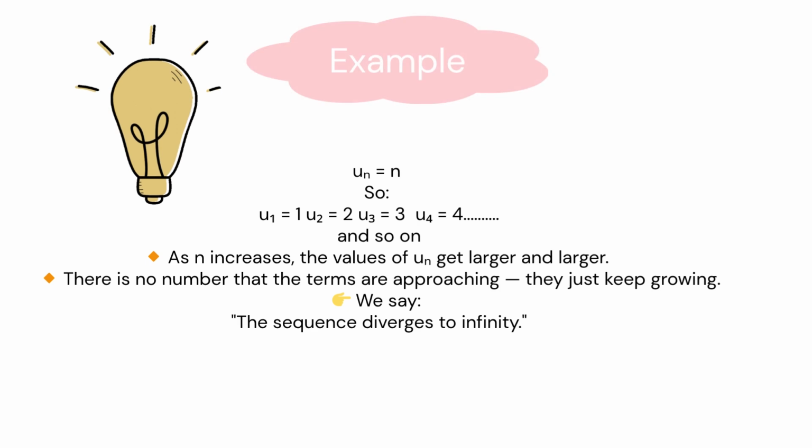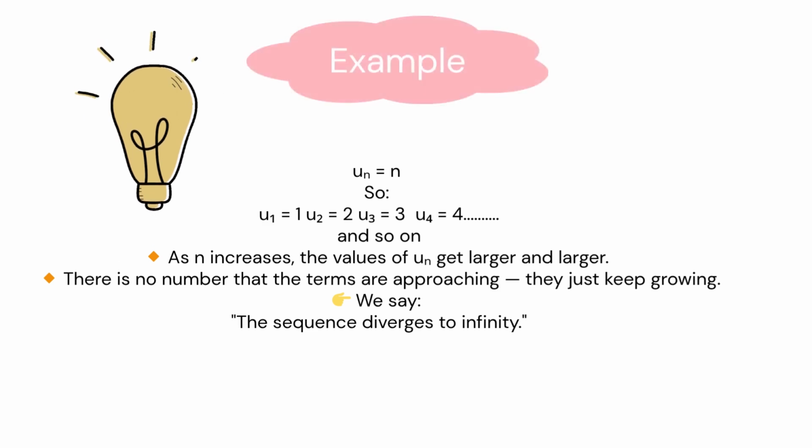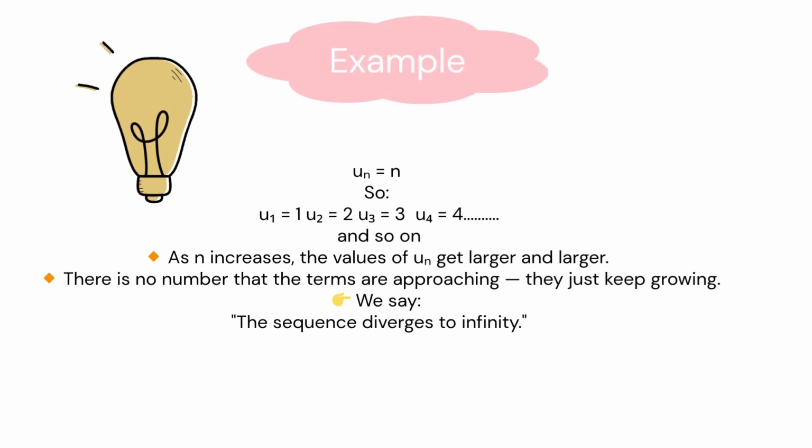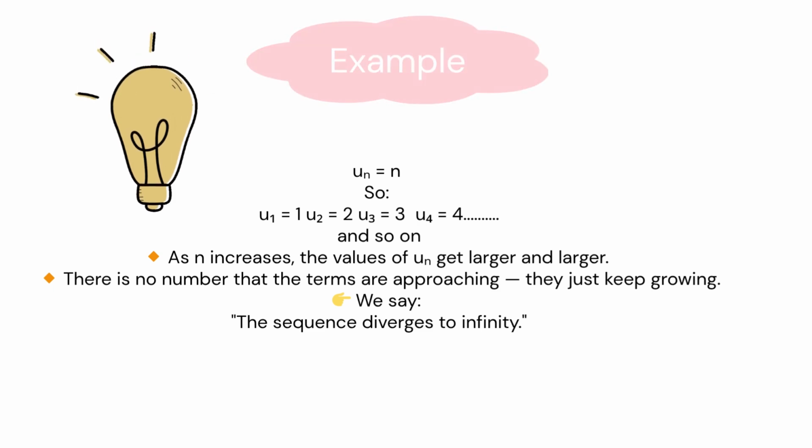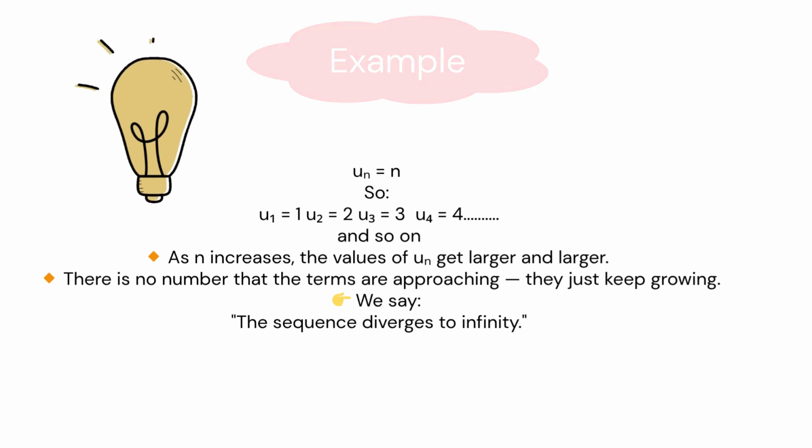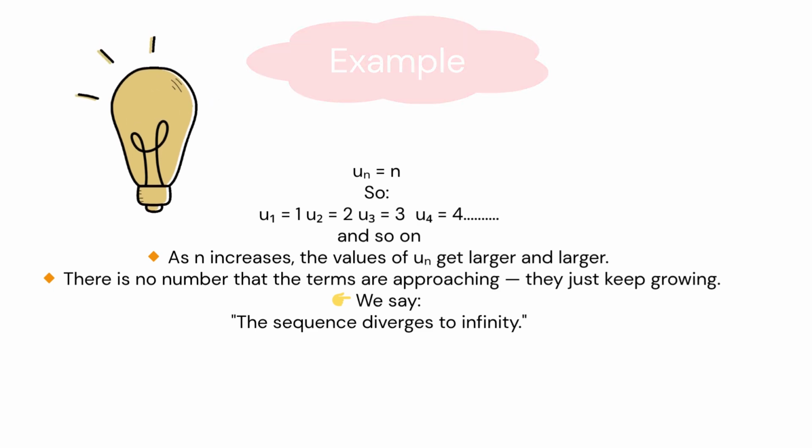So u_1 equals 1, u_2 equals 2, u_3 equals 3, u_4 equals 4, and so on. As n increases, the value of u_n gets larger and larger. There is no number that the terms are approaching. They just keep growing. We say the sequence diverges to infinity.